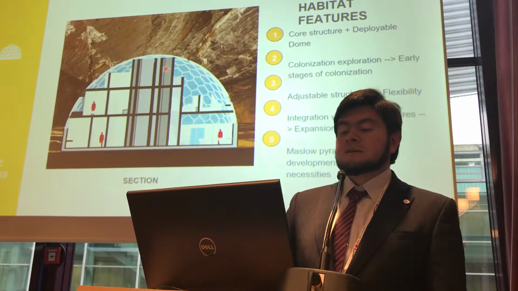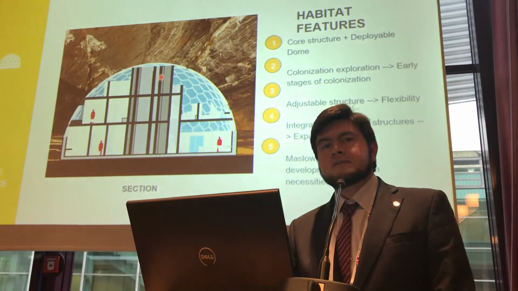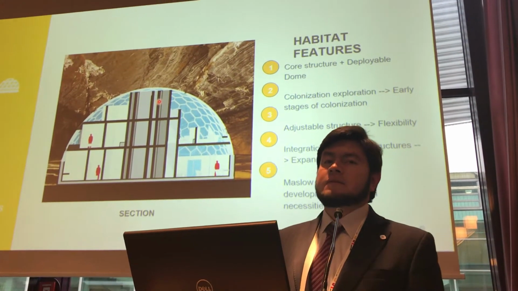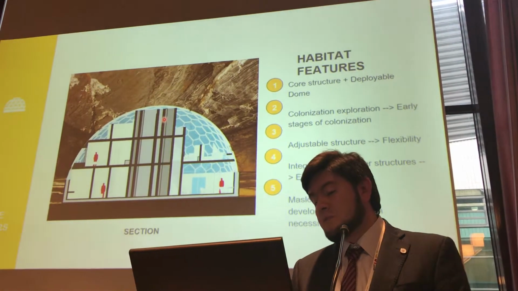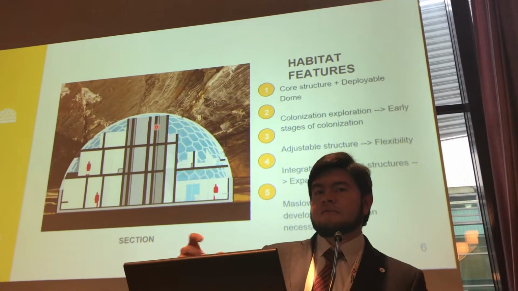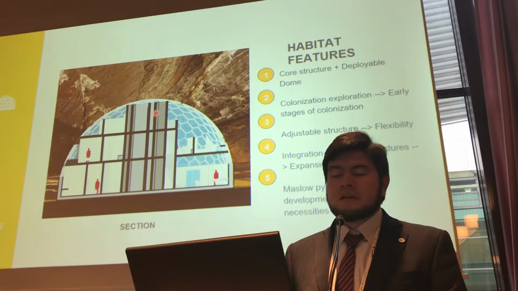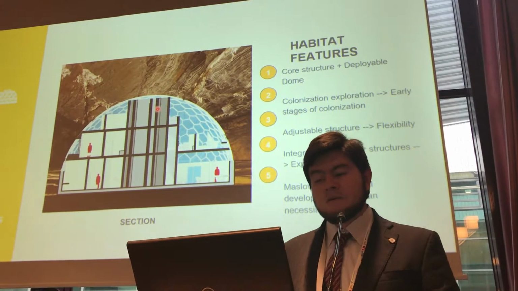We made it thinking about launching the core itself. So this fits inside the payload bay of heavy lift rockets that are available today. Since we are making this for a future exploration, we would say that this technology would be available.